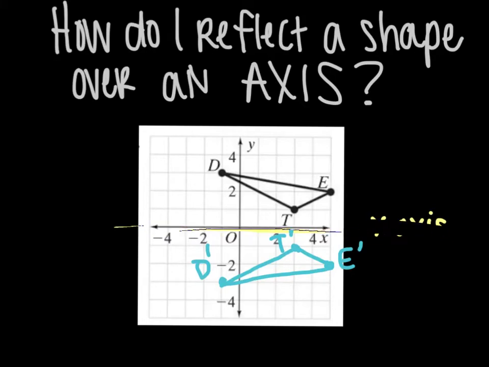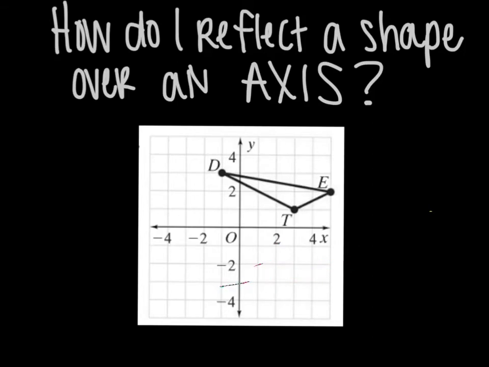I'm going to erase this and talk about the y-axis reflection and what's going to happen. So here's going to be your y-axis line of reflection, right here is your y-axis. And then I'm going to fold everything along that line. So here we go. If I fold it, D is actually going to end up right here, just on the other side, D prime.